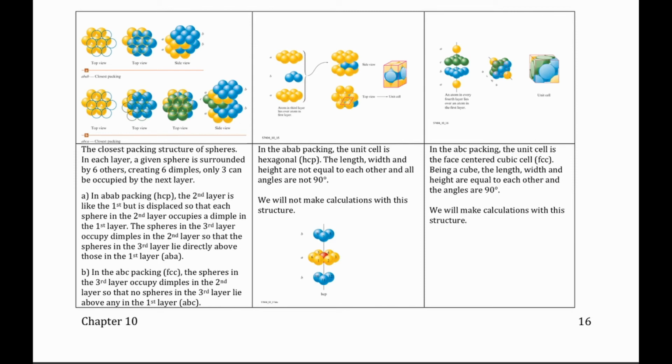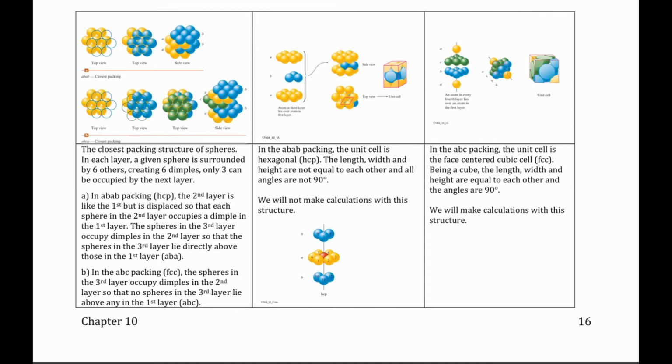So go to the last picture there. We have layer A, yellow, layer B, blue. Then we have layer C, green, because layer C is not directly on top of layer A. After that, however, we repeat. So we have ABC, ABC, and so on.